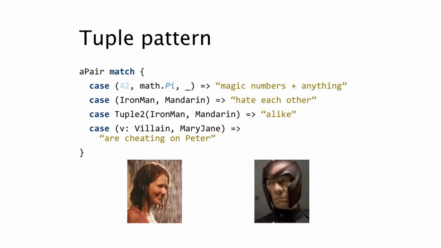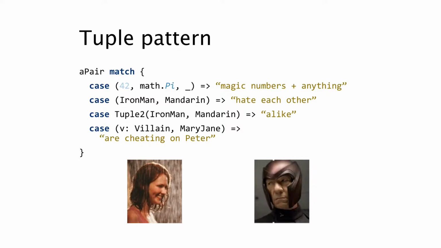So a tuple pattern will match if this variable is a tuple with 3 elements. The first one is 42, a constant pattern. The second one is written in English, pi.